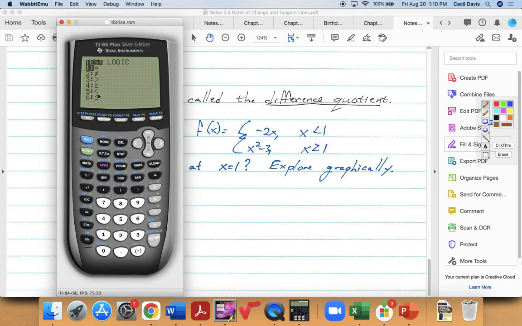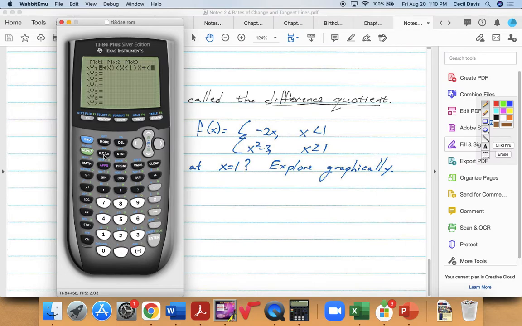X is less than, that's number 5, 1. And what's going to happen is that's going to return a 0 if this is not true, and so it'll cancel this out, and a 1 if this is true, and it'll use this.